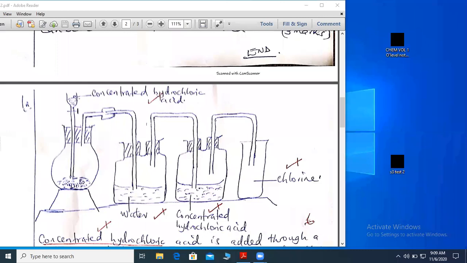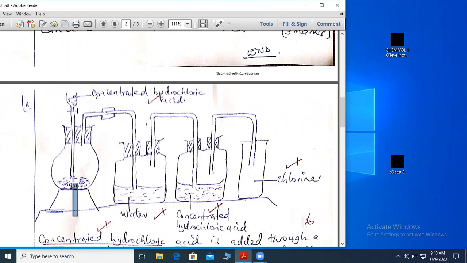This is our funnel, and in the funnel we put concentrated hydrochloric acid because it is a liquid. Then in the flask, this should be potassium permanganate or potassium manganate 7, although I forgot to label it, but that is our preparation flask.